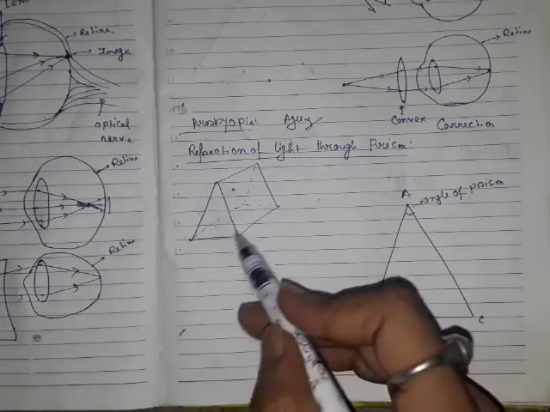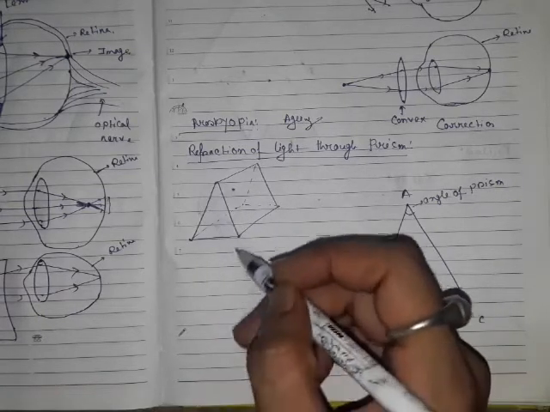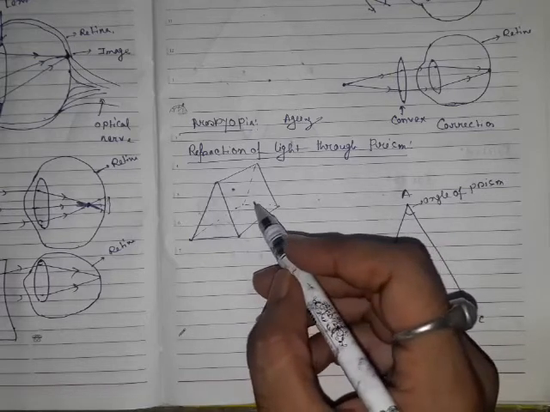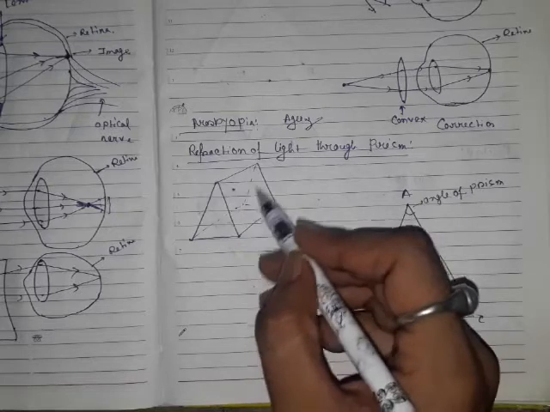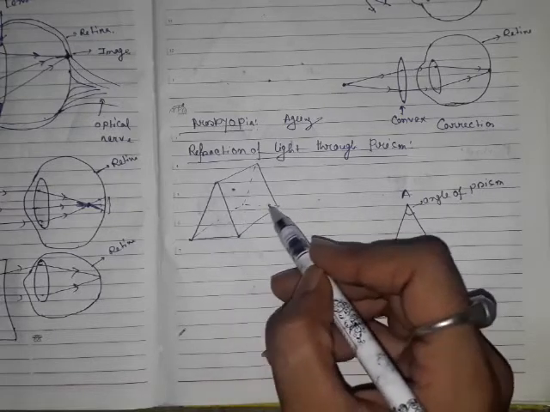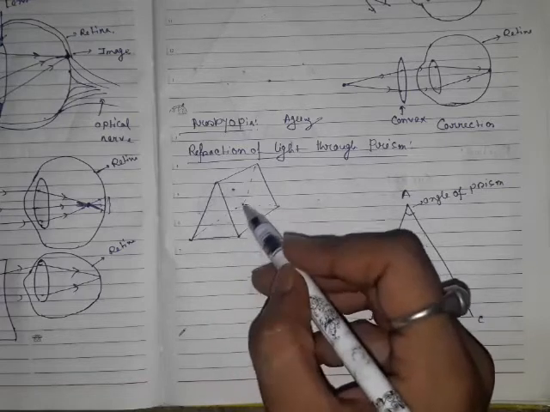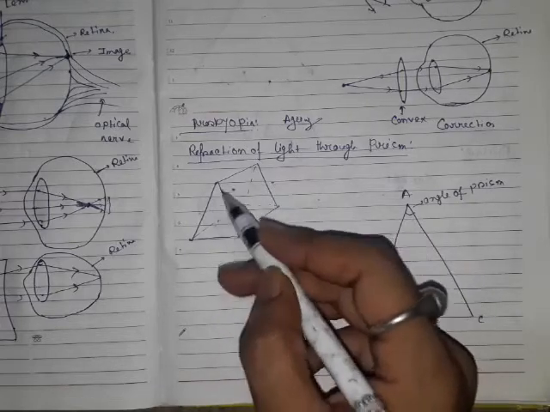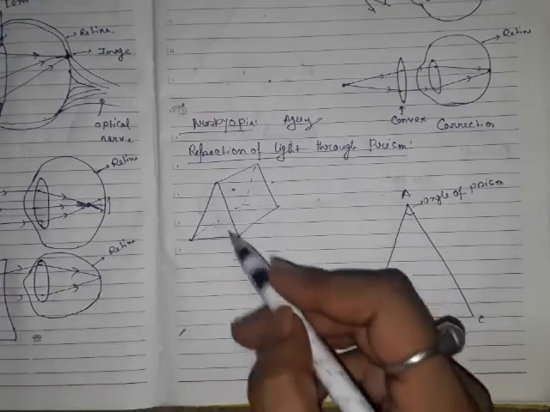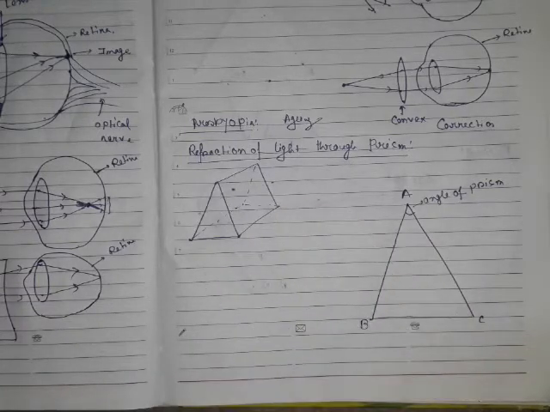It has a straight tent-like structure with a total of five faces. Two of them are triangular in shape, and the rest three are rectangular.